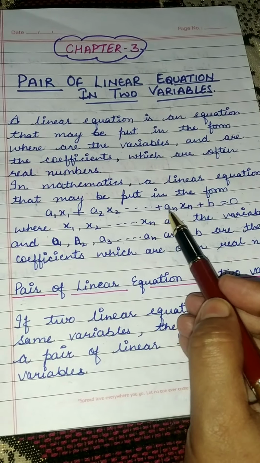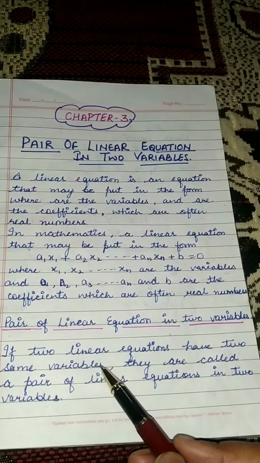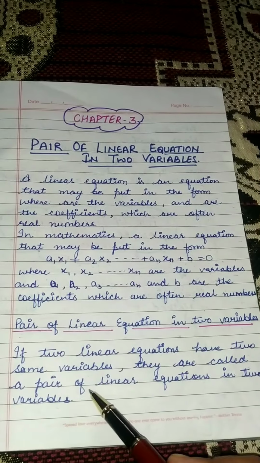This is a set of equations, or we can say a pair of equations. Both have x and y. It can be z and y, anything it can be. So two linear equations with two same variables are called a pair of linear equations in two variables.